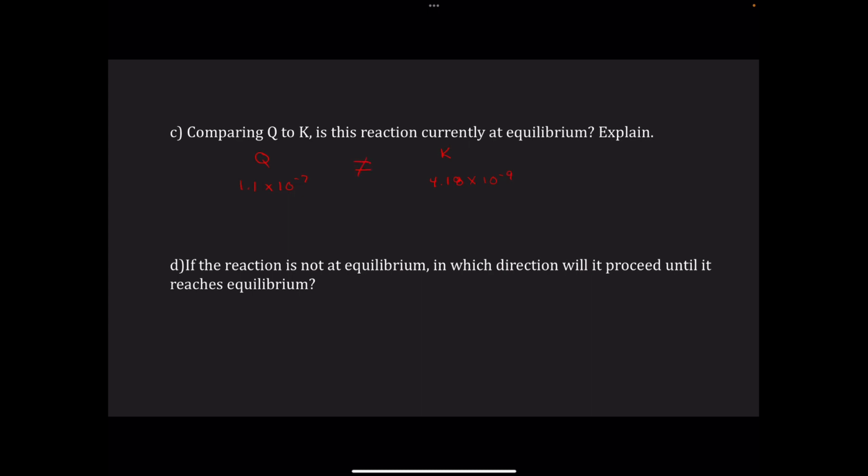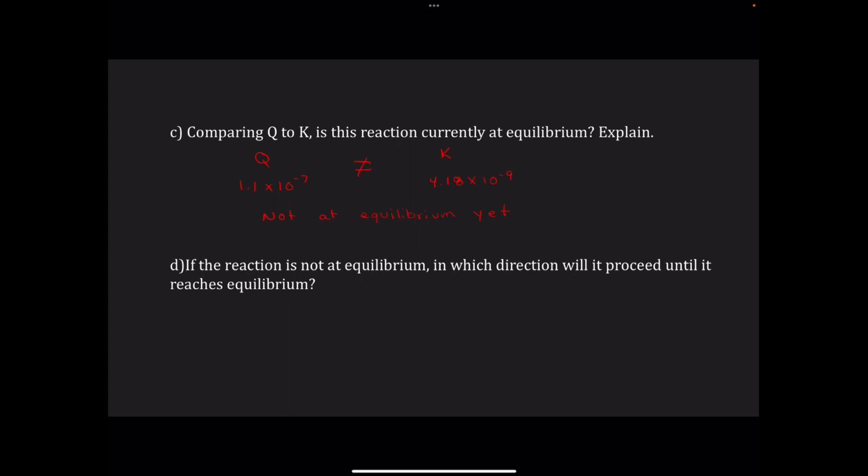So if they're not equal, that means we are not at equilibrium yet. And since we're not at equilibrium, that means we're in a scenario where our concentrations are still changing. And so we want to know in which direction are they changing.